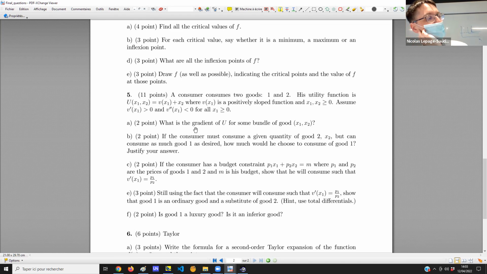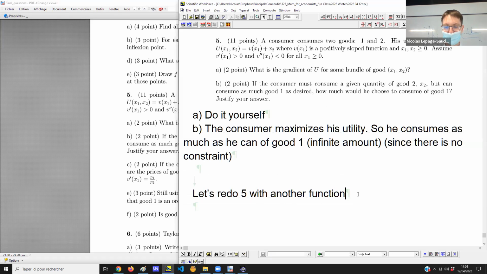If I just take ln x1 plus x2, it's like Cobb-Douglas. You mean a specific function for f? Yes, just replace the f(x1) with ln x1. It's going to look alike, but not entirely. Let's do that with a specific function.